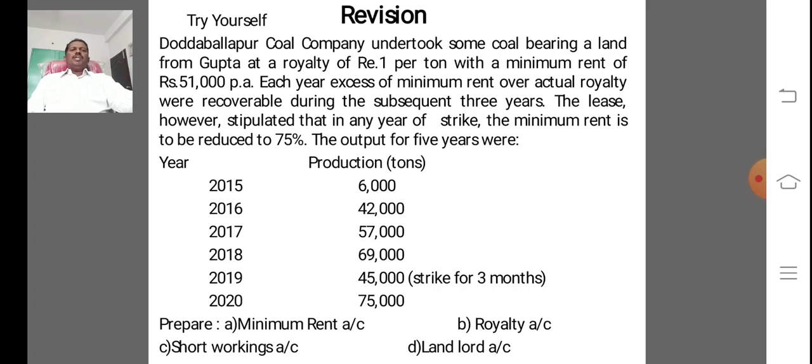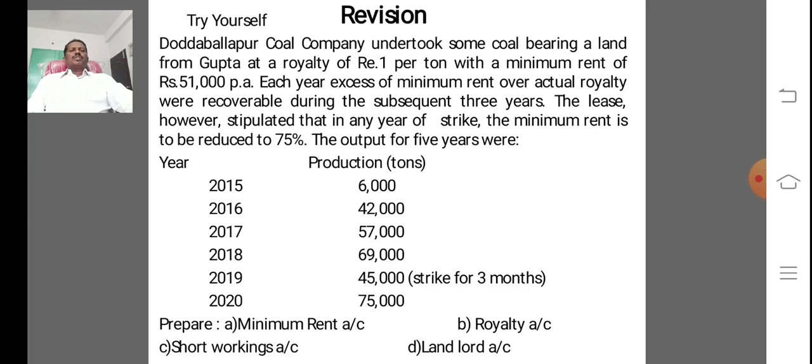Dear student, try yourself. The Doddaballapura Coal Company undertook some coal bearing land from Gupta at a royalty of rupee 1 per ton with a minimum rent of rupees 51,000 per annum. Each year, the excess of minimum rent over actual royalty was recoverable during the subsequent 3 years.